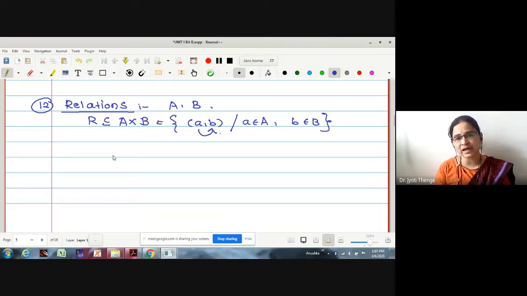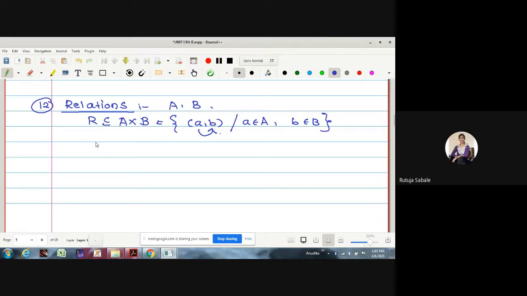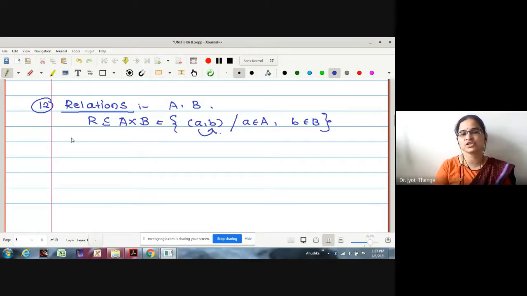When does this relation become a function? Is every relation a function? No, ma'am. Not every relation is a function. A relation becomes a function if every element in A gives a unique image in B. Sometimes in relations it is possible to have two different images of an element.